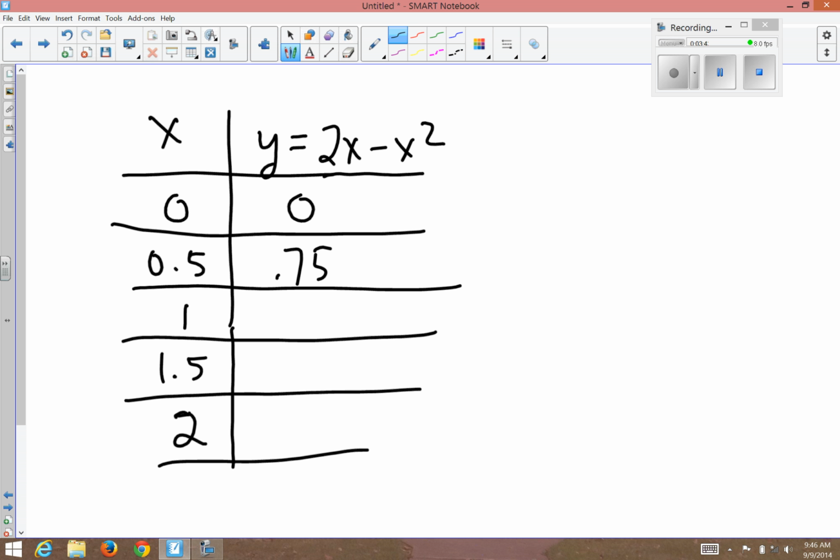When x is 1, y is 1. When x is 1.5, y is 0.75. And when x is 2, y is 0.